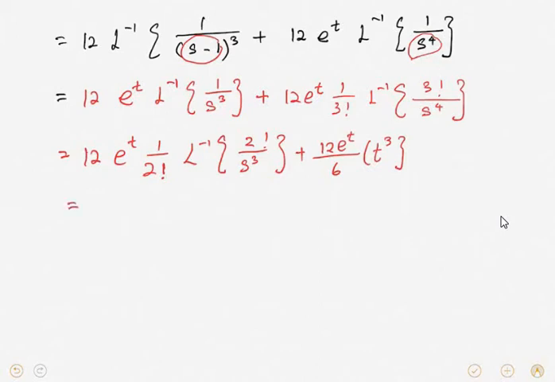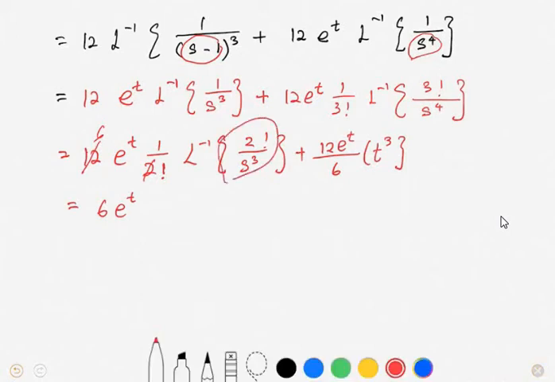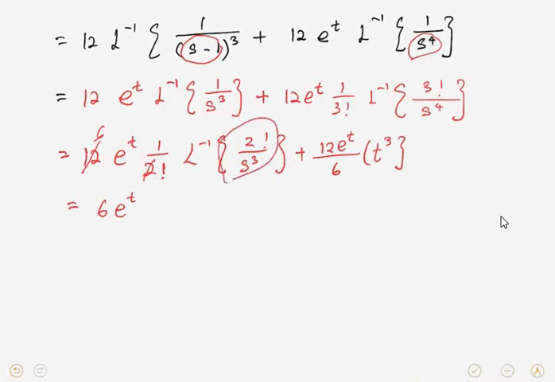So now we have 6. This one is 2, and this is 6. So 6 exponent t, and then again this one we obtain 2 t power of 2, and then plus 2 exponent t, t power of 3.